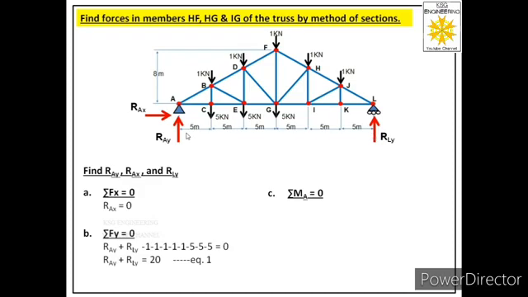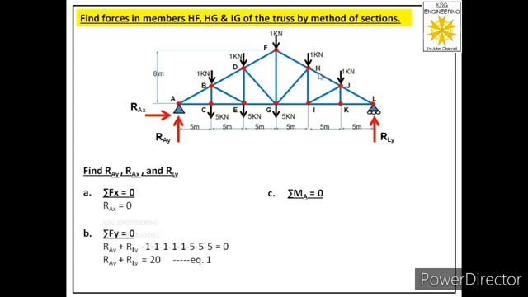Now let us talk about the next force, that is the 1 kilonewton force acting at joint J. The moment because of this force will be clockwise, so that will be negative, and its magnitude will be 1 into 25.